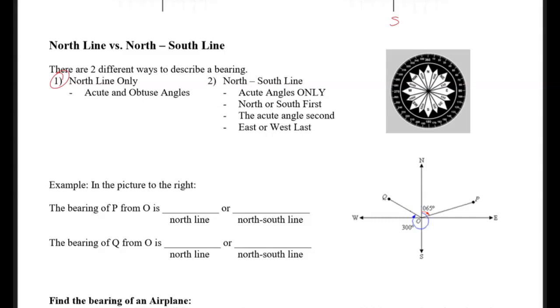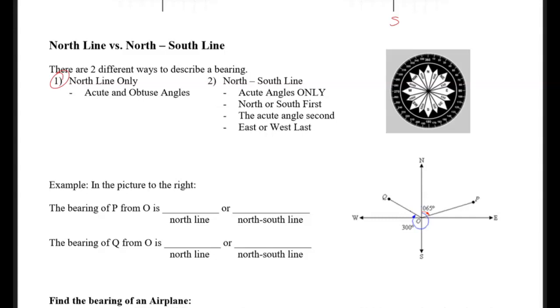Or you can have north-south line, which is acute angles only, cannot be obtuse, and you always put N or S first, depending on which one is closer to your angle. And then comes your acute angle measure, and then after that is whether it's on the east side or the west side of your north-south line.